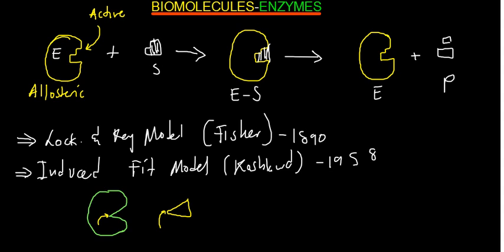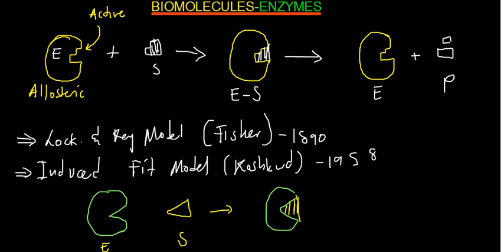So when the substrate is going to fit in this enzyme, the enzyme is going to change its shape a little. When it does that, the substrate is now able to fit in. So we are going to see something like this. Not necessarily how the shape was initially, but now the substrate is able to fit. And there it goes, it fits exactly.